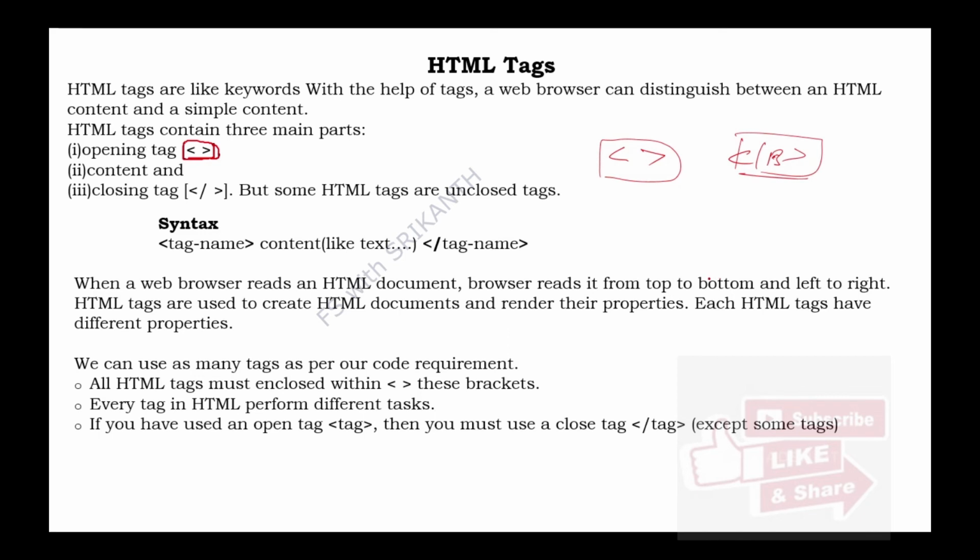If the tag contains both a beginning and a closing, an opening tag and a closing tag, then we consider that a paired tag. The best example for a singular tag is the break tag, which we already used. The paragraph tag, font tag, HTML and body are all paired tags, we will discuss later. HTML tags must be enclosed with angular brackets, you consider that. Without that it is not possible at all.